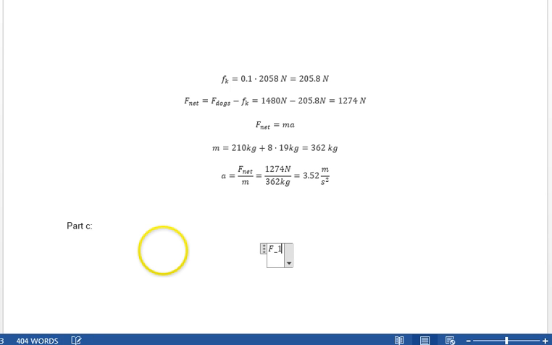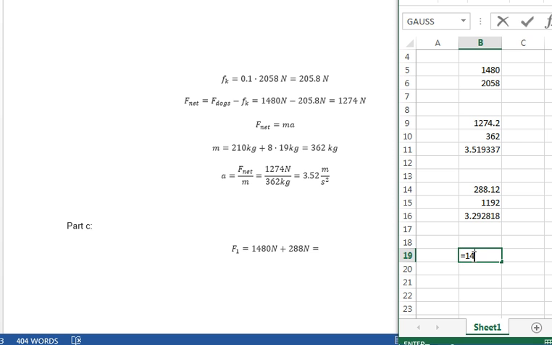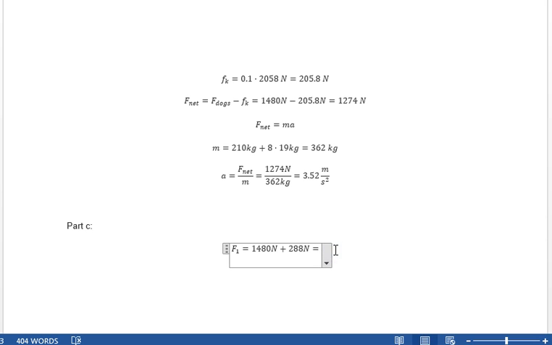So F1 is 1480 newtons plus 288 newtons, 1768 newtons.